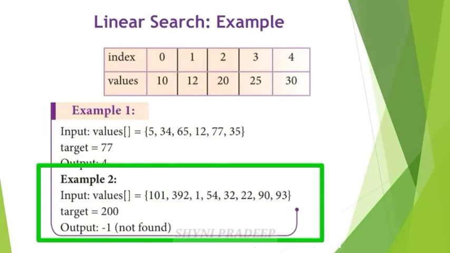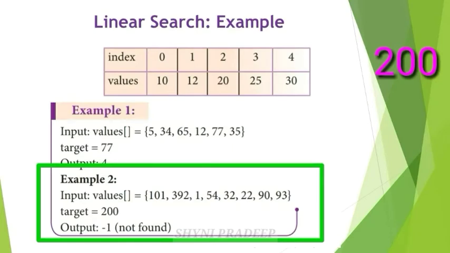Next, another example is given. Input values, which means the collection of elements: 101, 392, 154, 32, 22, 90, 93. Here you have to search your target value 200.